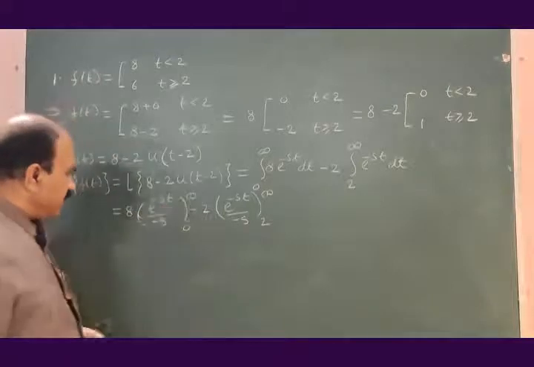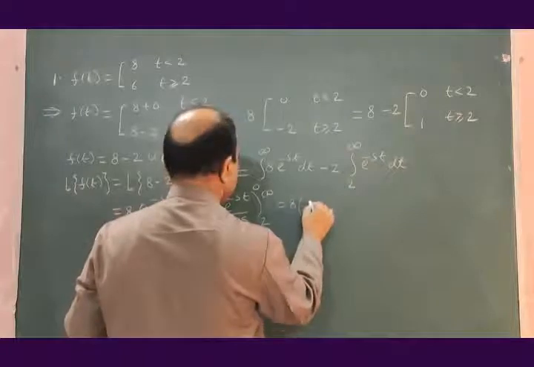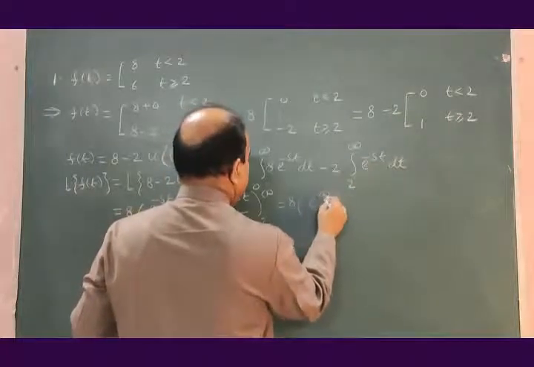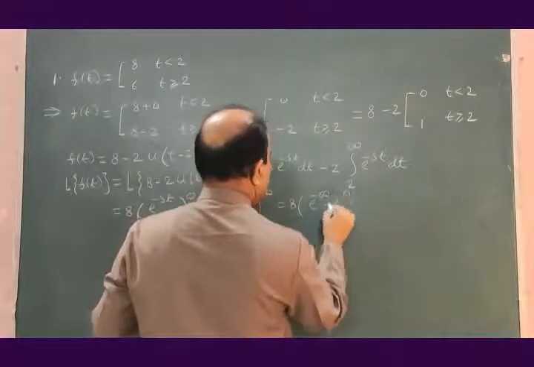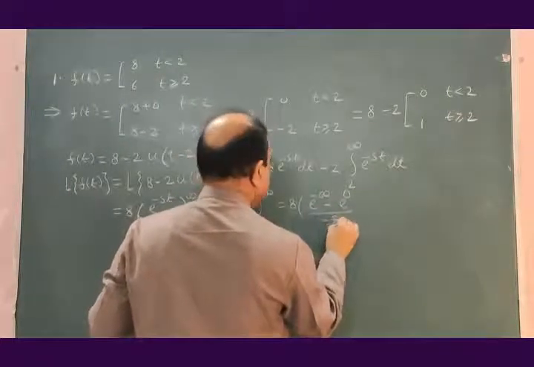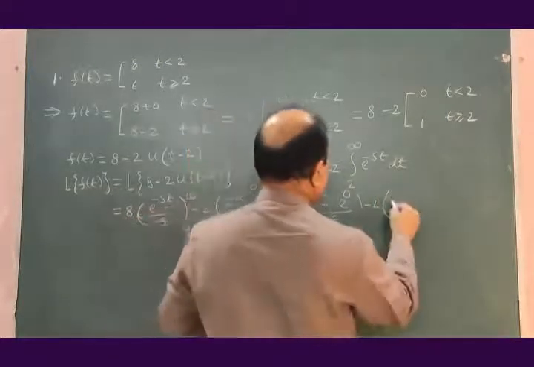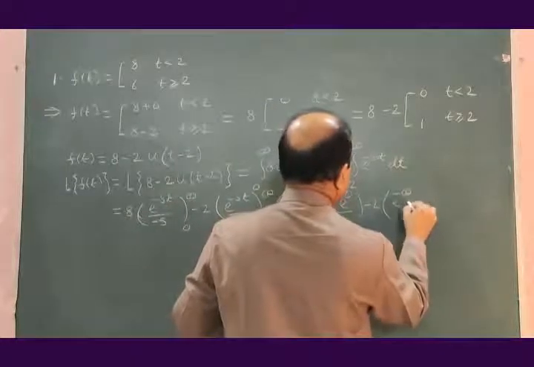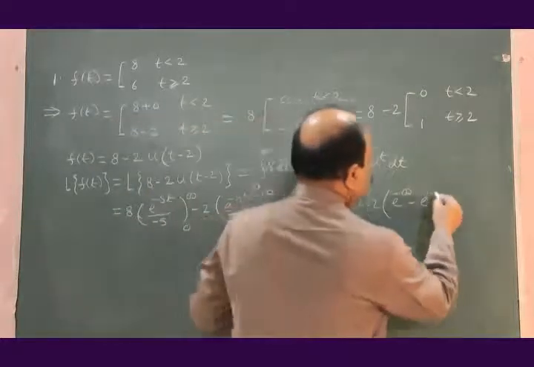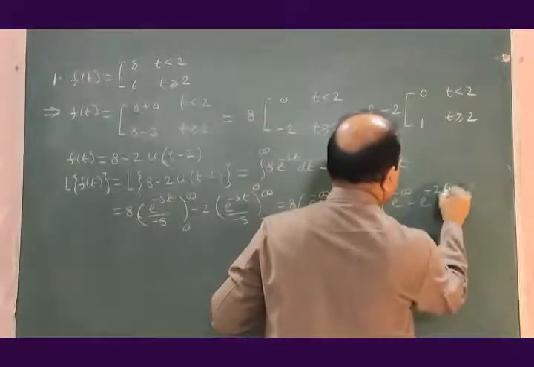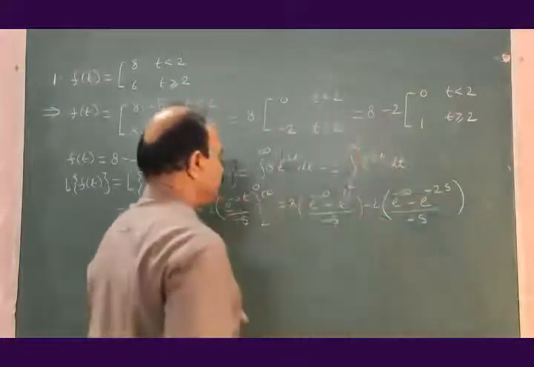Now let us put these limits. 8 into e to the power minus infinity minus e to the power 0, divided by minus s, minus 2 into e to the power minus infinity minus e to the power, for this t we have to put 2, so it will be minus 2s, divided by minus s.